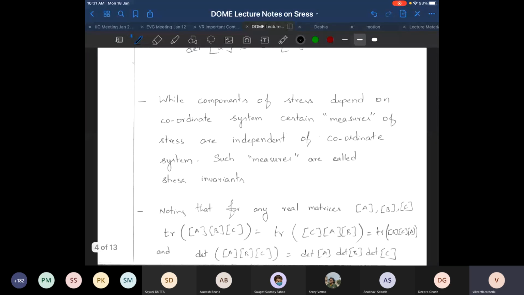Now the thing is this: the components depend on the coordinate system. If I want to come up with a failure criterion, more precisely, the condition for plastic yielding, can I simply say that when sigma 11 exceeds the yield strength of the material, you will have plastic yielding?